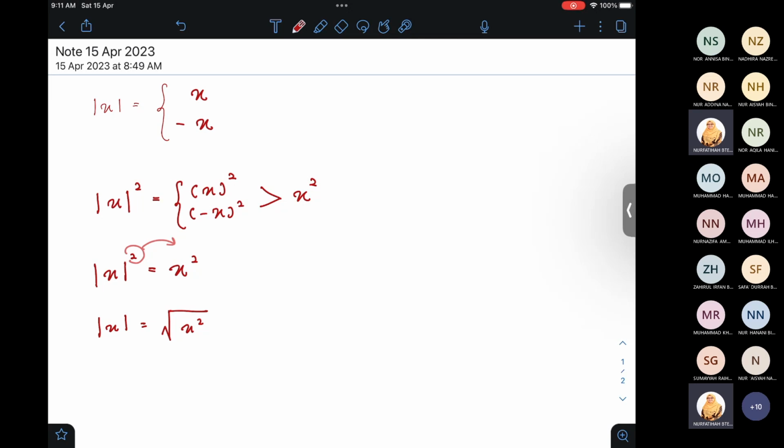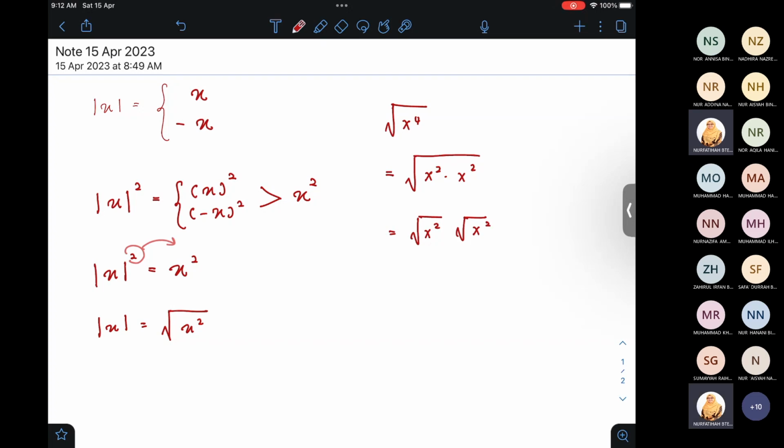Kita boleh juga apply, katalah saya nak cari x to the power of 4. Boleh juga kita solvekan yang ni. x to the power of 4 kita tahu we can separate it into x squared darabkan x squared. Kita boleh separatekan lagi: square root of x squared multiply with the square root of x squared.